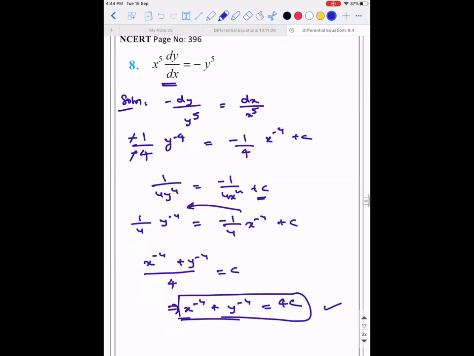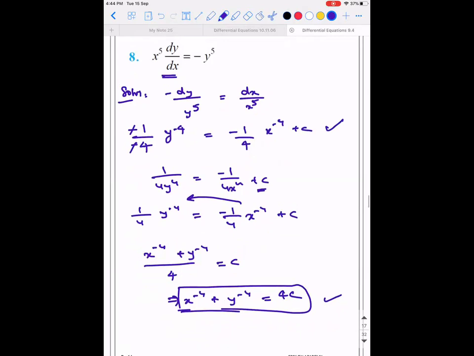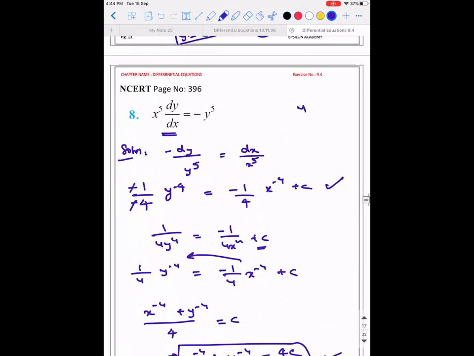Sir, can you explain the second step? This one? Yes, sir. I integrated that. So y power minus 5 dy with a minus sign is minus, x power n plus 1 by n plus 1.